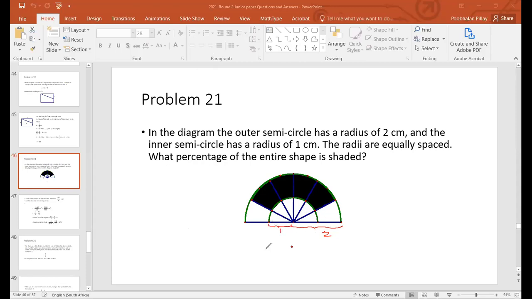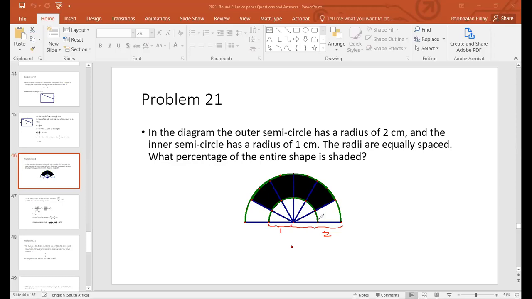Okay. The radii are equally spaced. All right. So, what percentage of the entire shape is shaded?